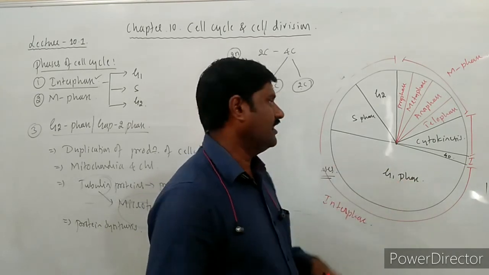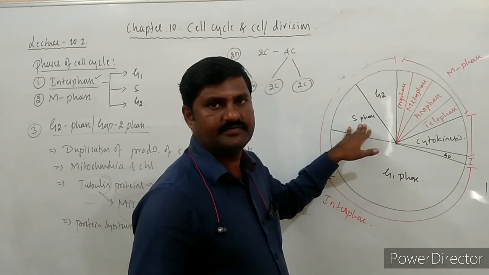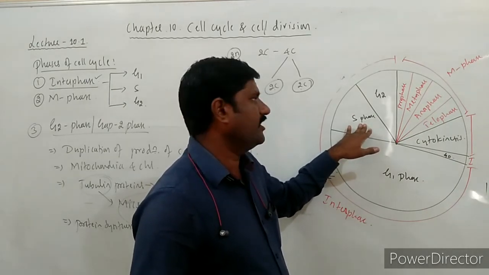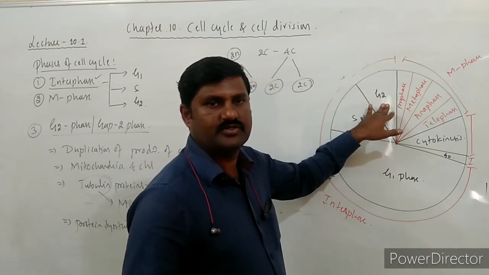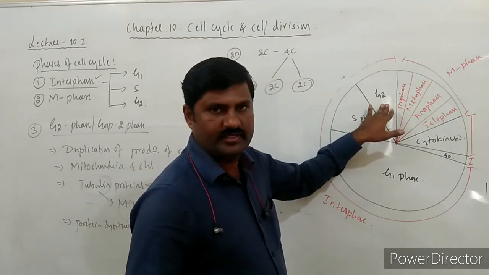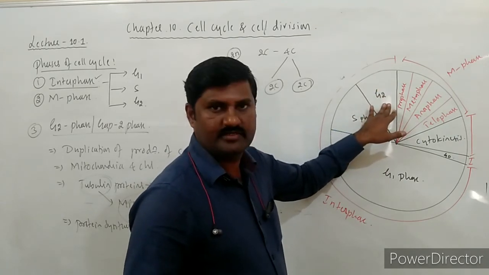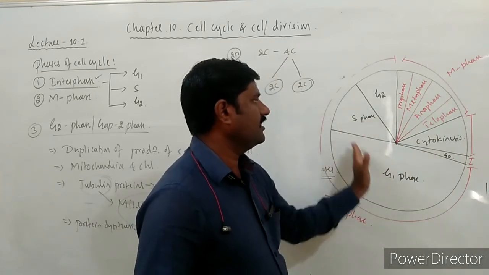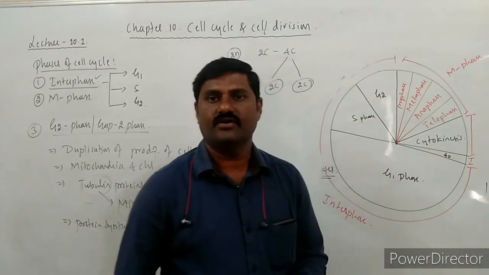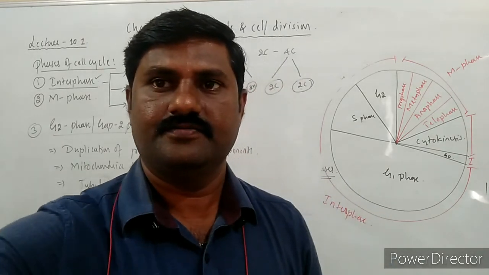After that, genetic material is duplicated, even centrioles are duplicated, and once again mitochondria and chloroplasts are produced. Protein synthesis takes place, and even the spindle fibers are produced. All these are the activities taking place in each phase of the interphase itself.